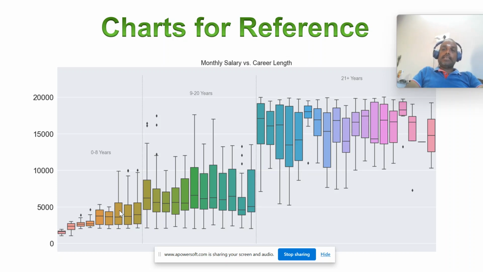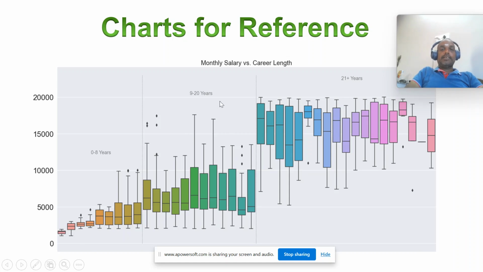In terms of career length, it mentions the number of years of experience. The higher the experience, the higher the salary. The minimum years of experience or career length shows the minimum salary ranges actually.